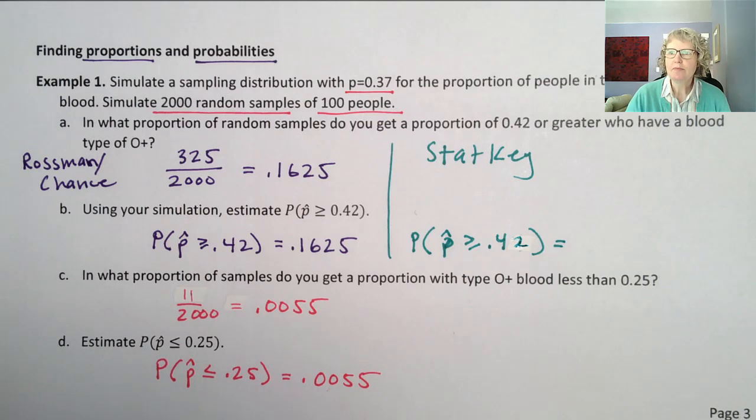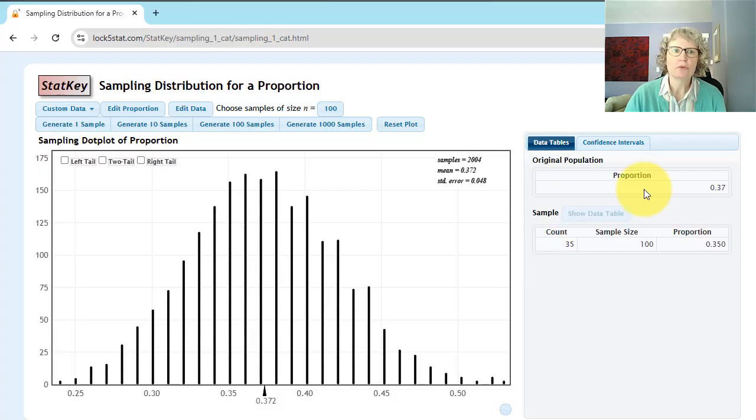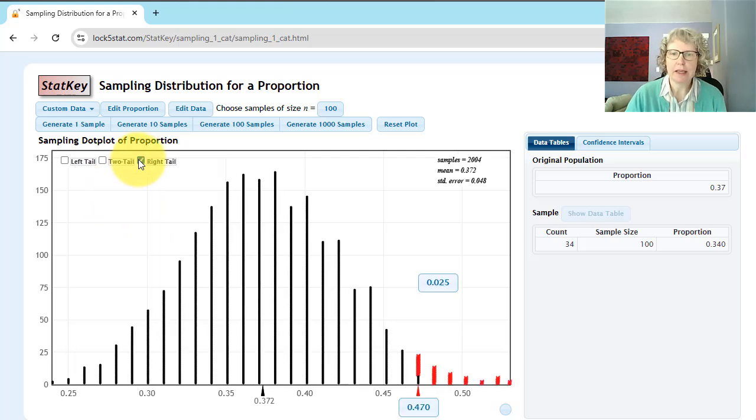Okay, so this is a greater than, which is pointing to the right. That means 0.42 and higher, so we're going to go to the right. So we're going to click on right tail. Now the numbers that come up in these boxes are the default values, so we almost always need to change them. The number across the bottom is the scale for whatever our data set is.